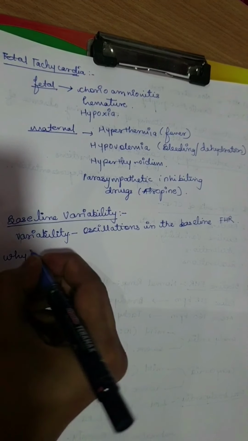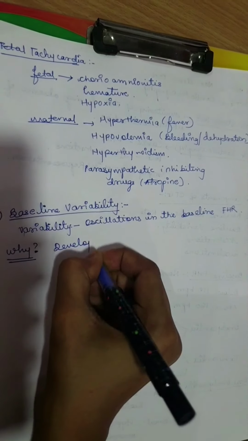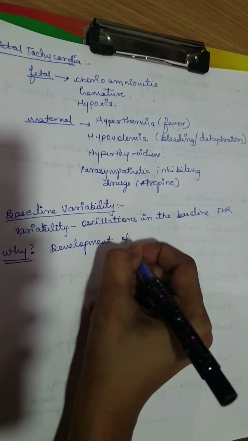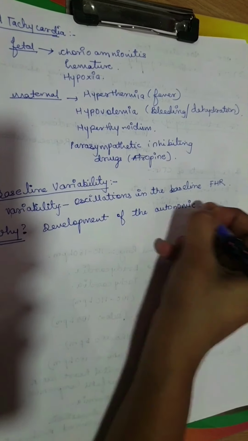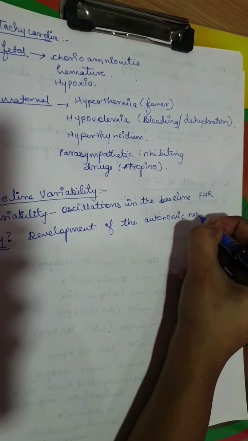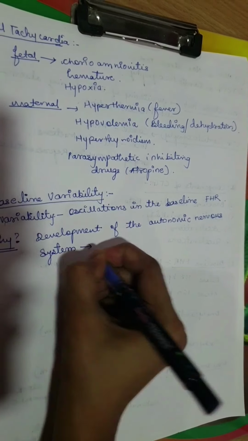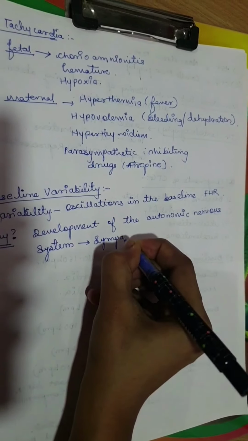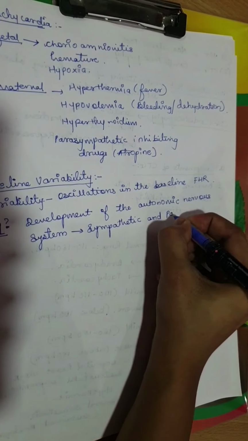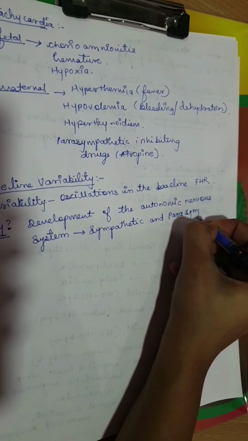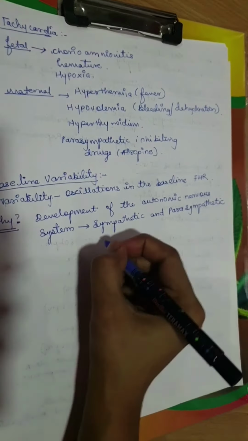So why is this seen? It's the development of the autonomic nervous system, that is the sympathetic and parasympathetic system.